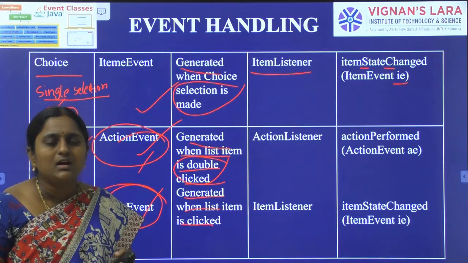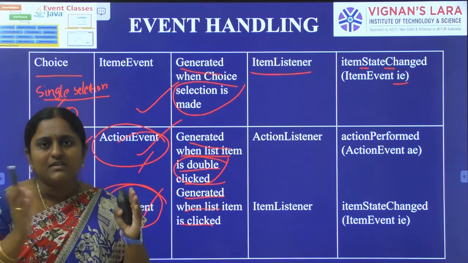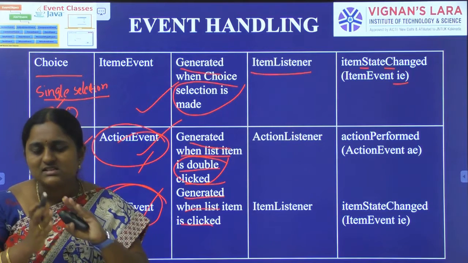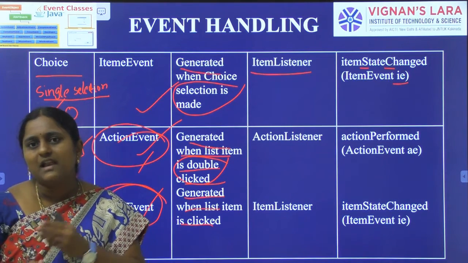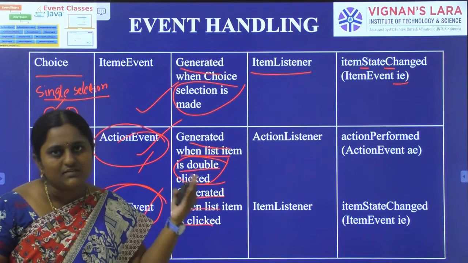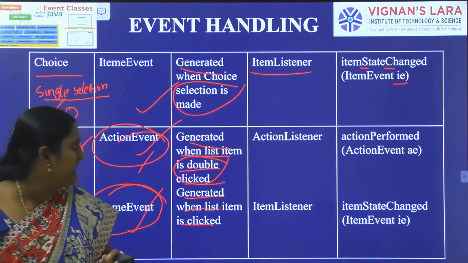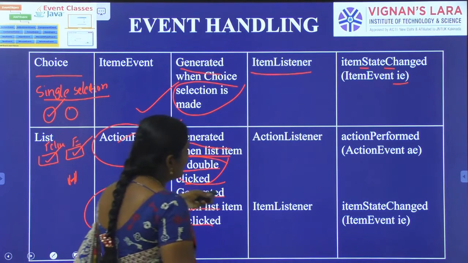Then only listeners can handle the events. The listener should wait until an event is generated. Once an event is generated, the listener will handle and control the events, because listeners are associated with interfaces. They have a number of methods to handle and control the events. So here, action listener and item listener.